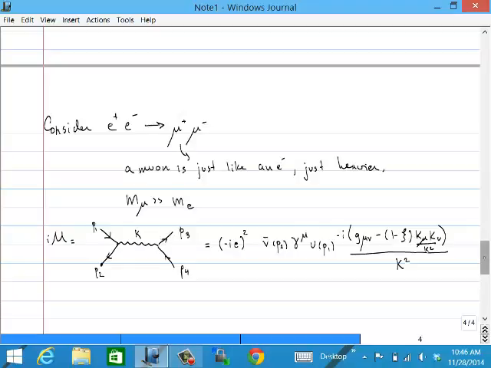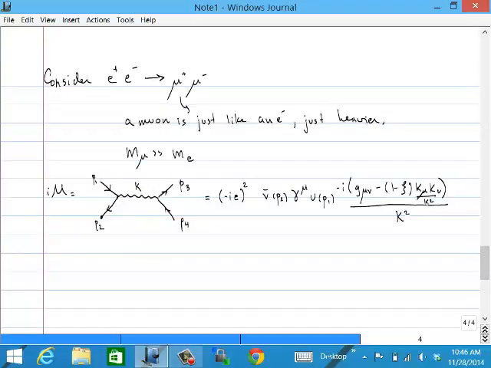And then we have the final interaction vertex, which is a gamma nu. And that's going to be sandwiched between a u bar of p3, gamma nu, v of p4.